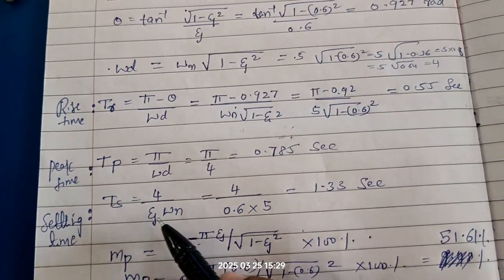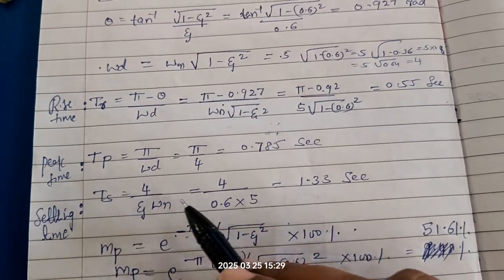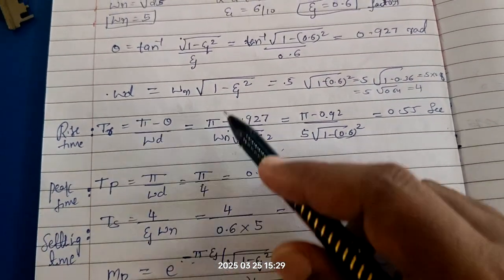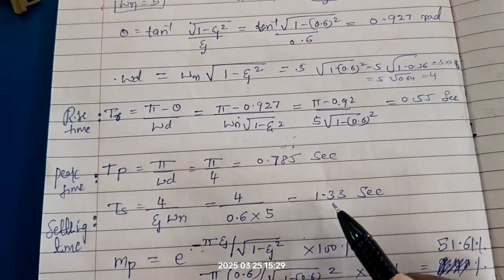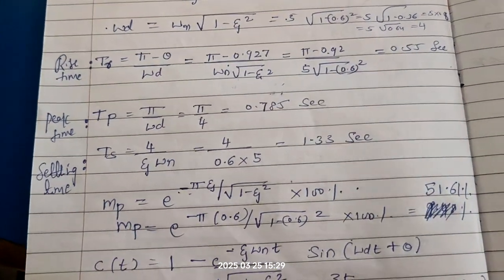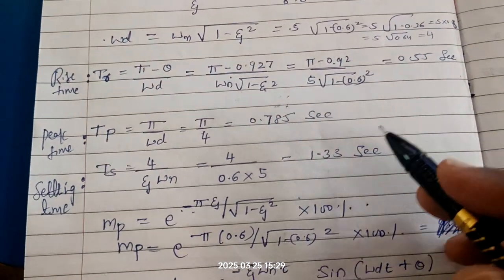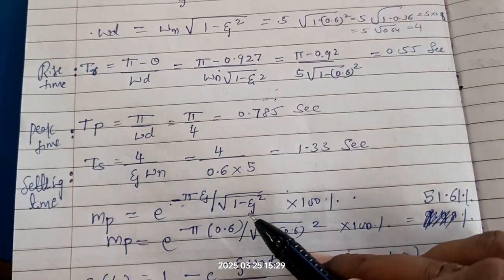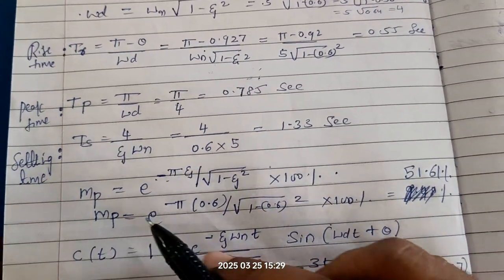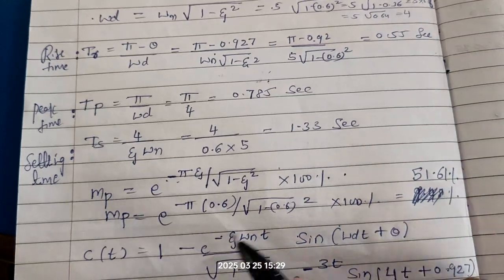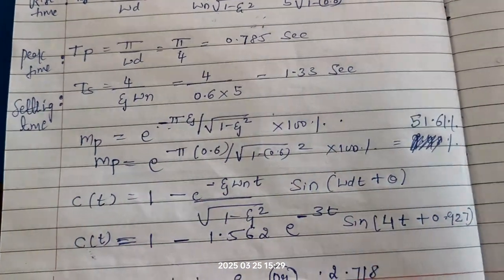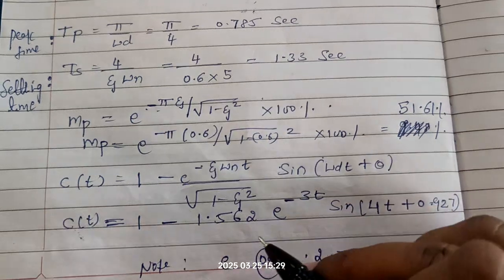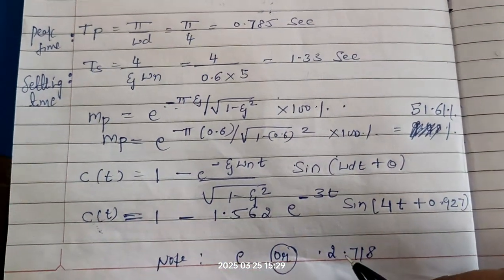The settling time, after substituting zeta and omega n, you will get 1.33 seconds. Mp is e power minus pi zeta divided by root of 1 minus zeta square, into 100%. So Mp is 51.61%, and the time response c of t you will get as this function. Note that e is 2.718.